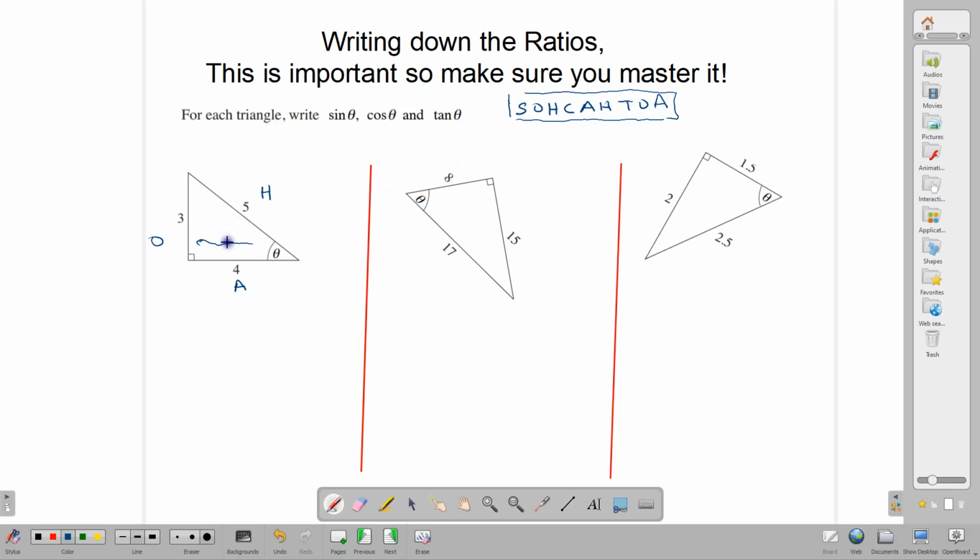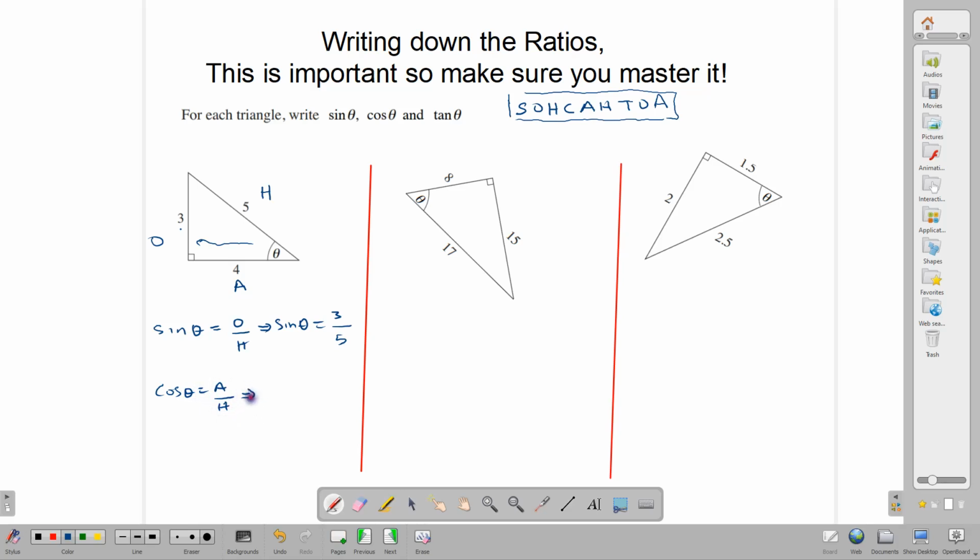So in this triangle here, we can write down the sine of the angle, the cosine of the angle, and the tangent of the angle. The sine of the angle theta is equal to the opposite over the hypotenuse, which tells us that the sine of the angle here is equal to 3 over 5. The cosine of the angle is equal to the adjacent side divided by the hypotenuse.